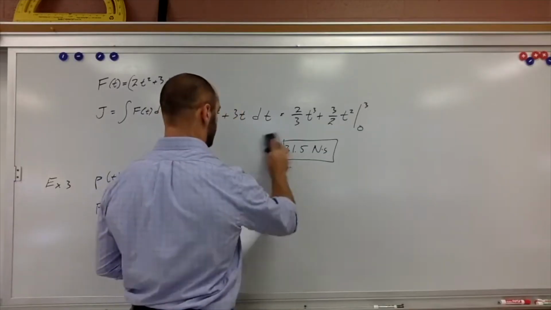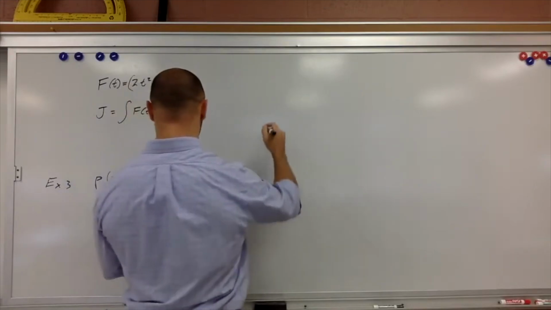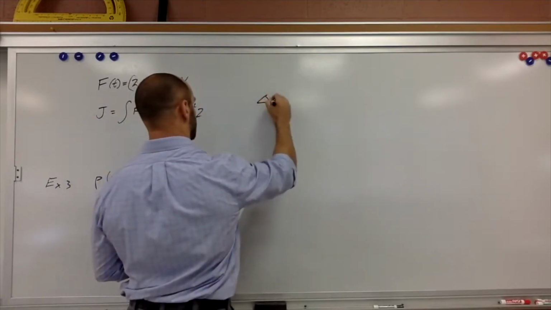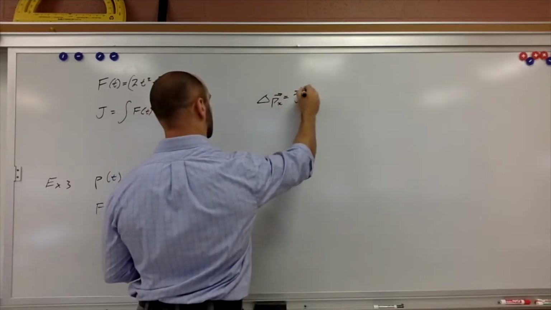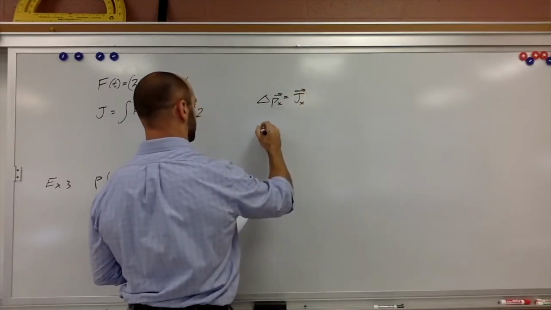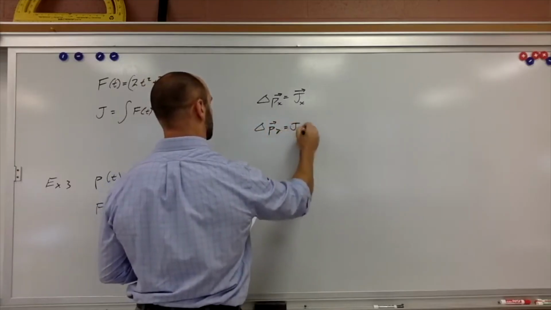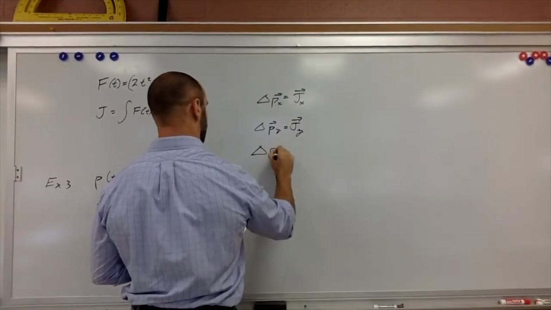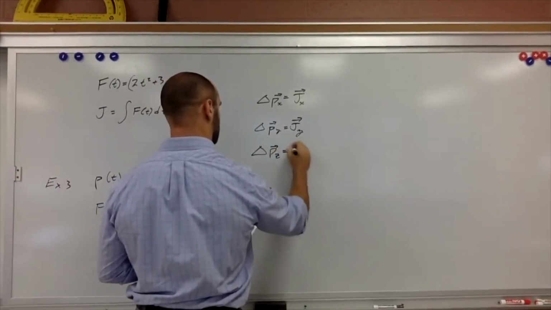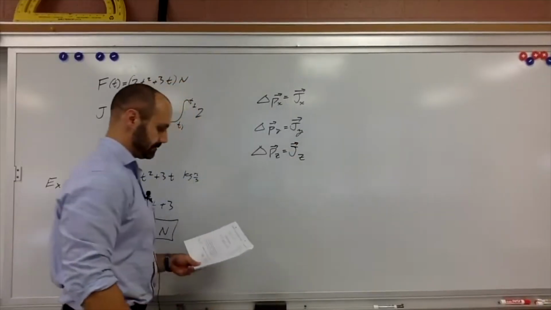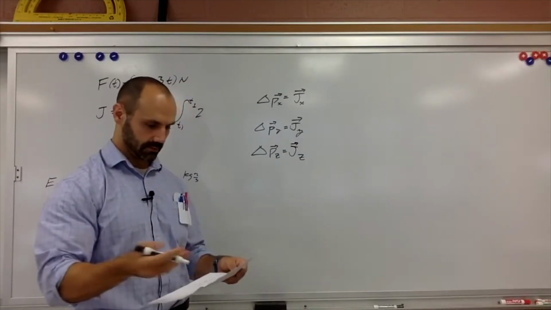And in 3 dimensions, we can write this down: the change in the momentum in the x direction is equal to the impulse in the x direction, the y direction, and the z direction. This one is just a repeat from before.